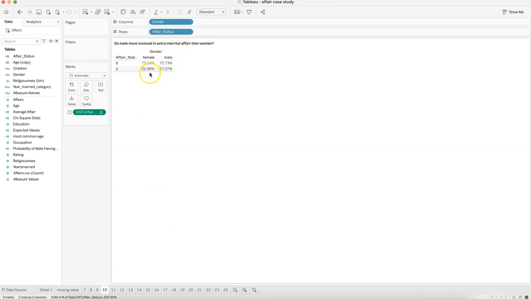So we need to know by each male and female how many female were engaged into extramarital affair in overall female category, and similarly how many males are involved in overall male category.